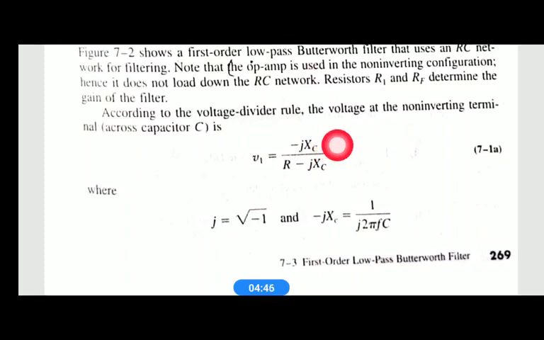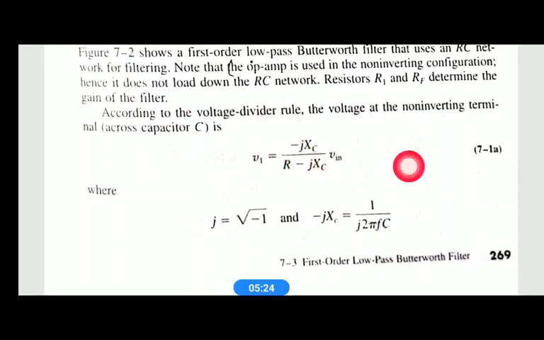Applying the voltage divider rule, Vin is multiplied with the impedance across the capacitor, which is minus jXc, divided by the sum of the impedance in the network, which is the resistance R added with minus jXc, giving R minus jXc.